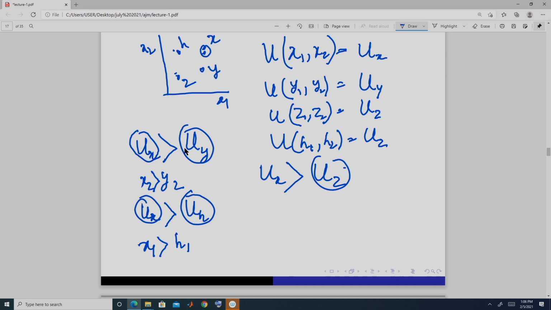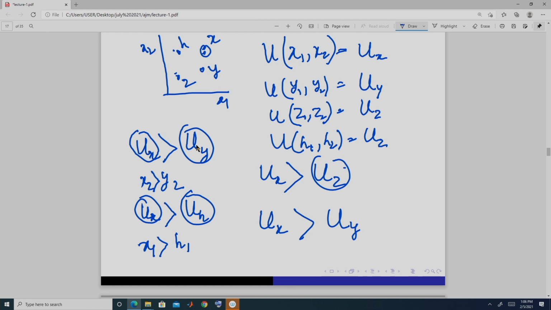So from here we get x is greater than z, right? Depending on the actual value that we assign, we can find out which bundle to choose.